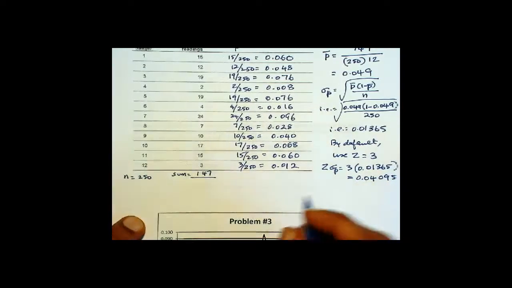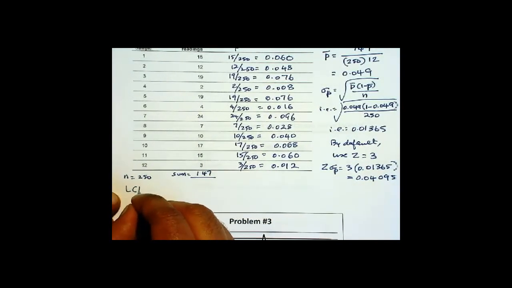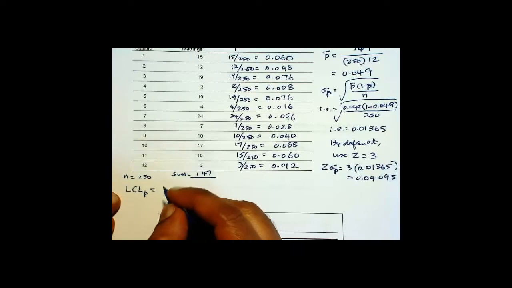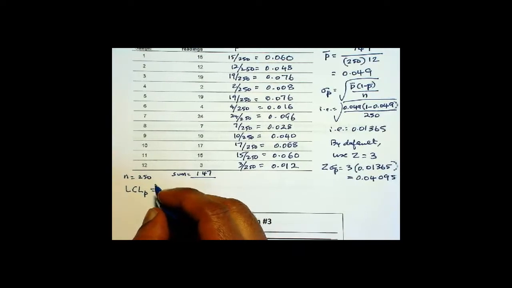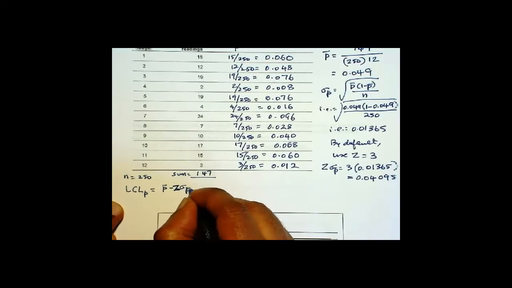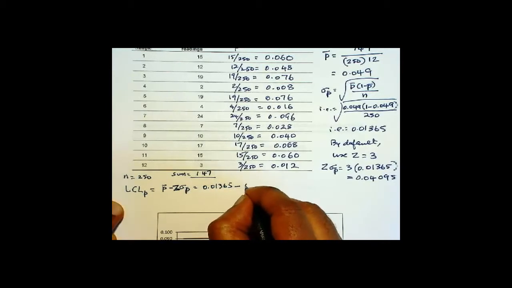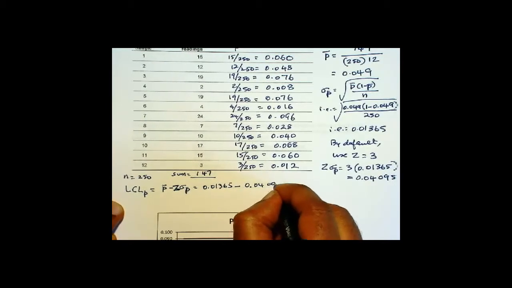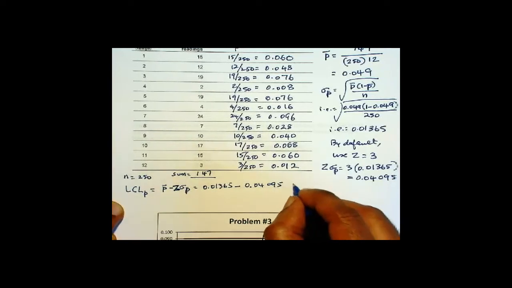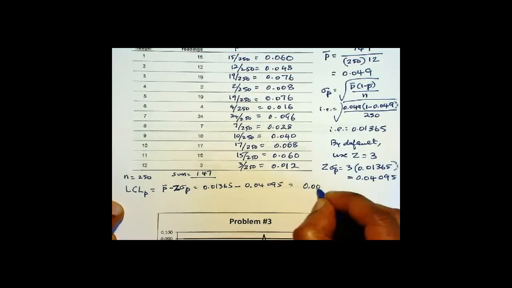So the lower control limit for P is P bar minus z times sigma sub P bar. So that is 0.049 minus 0.04095. That is equal to 0.00805.